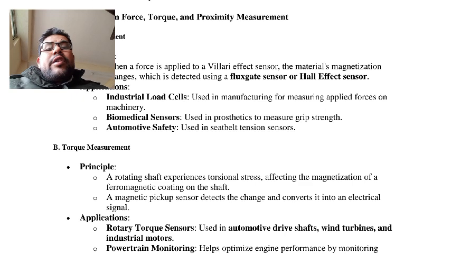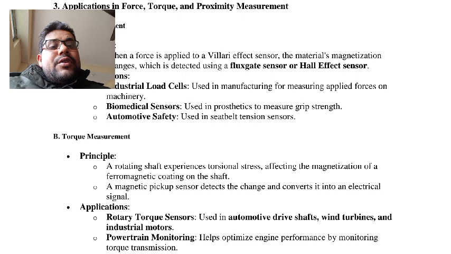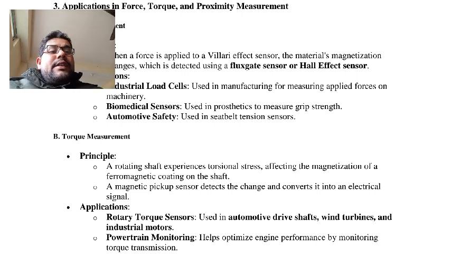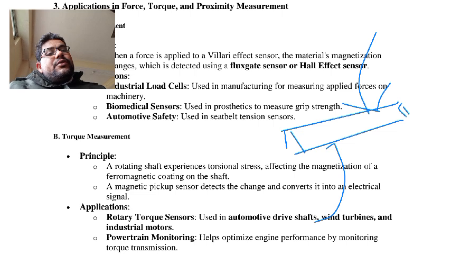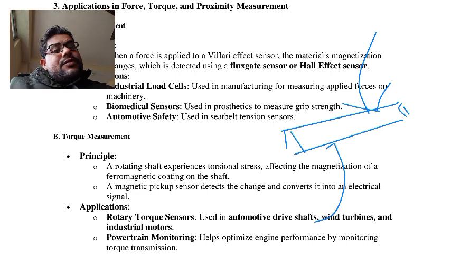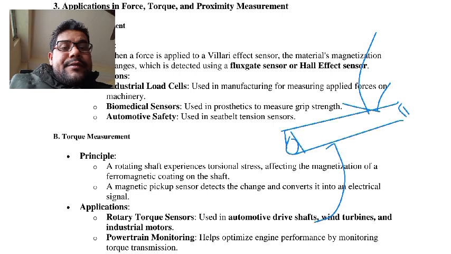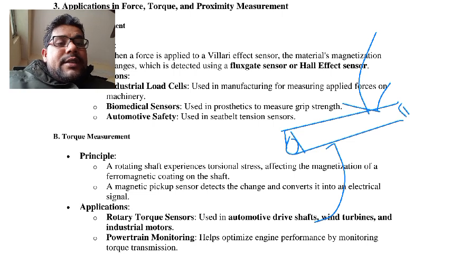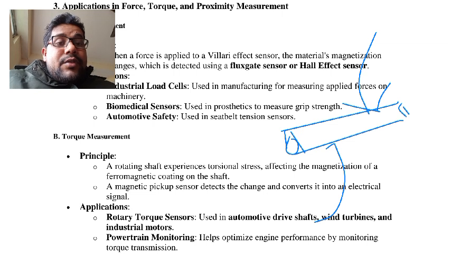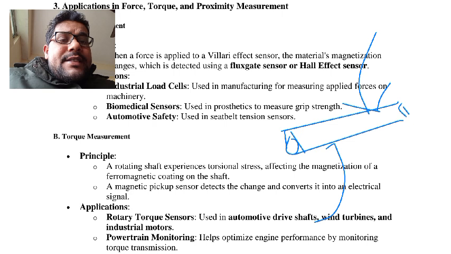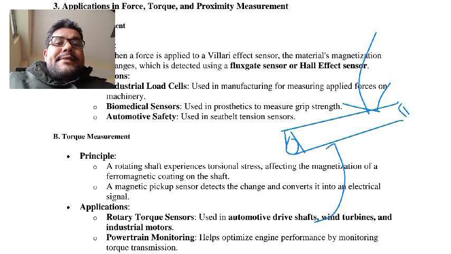Second, torque measurement. Which principle does it use? A rotating shaft experiences torsional stresses. Suppose this is the shaft, rotating means one force is applied from here and another force here. So this shaft feels the torque, affecting the magnetization of the ferromagnetic coating of the shaft. A magnetic pickup sensor detects the change and converts it into electrical signals.